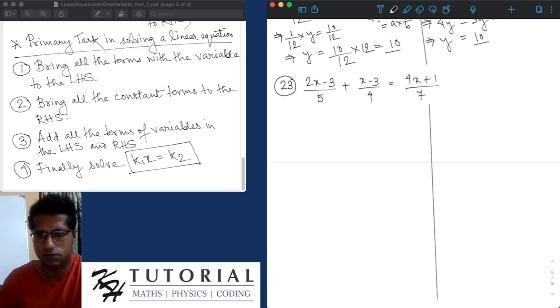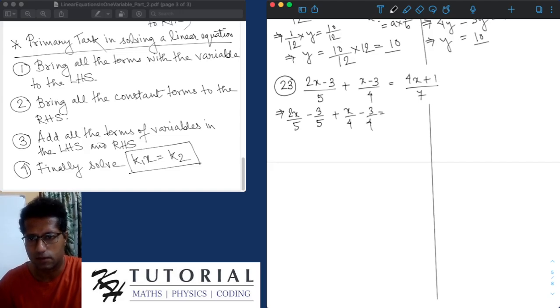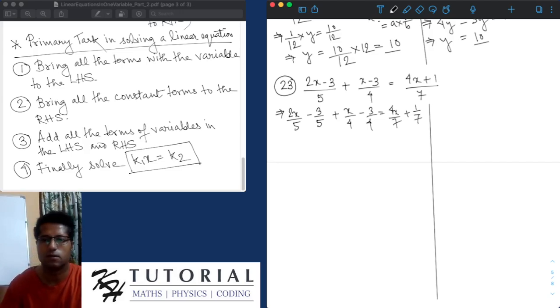So 2x minus 3 by 5 is nothing but 2x by 5 minus 3 by 5, and x minus 3 by 4 is nothing but x by 4 minus 3 by 4, and the right hand side 4x plus 1 by 7 is nothing but 4x by 7 plus 1 by 7.